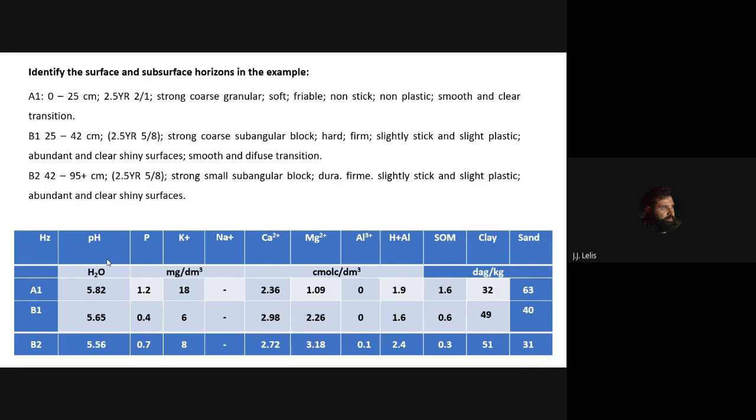And the surface horizon possesses 25 centimeters of thickness. It possesses a red color because it possesses a hue that's 2.5. So a low contribution of yellow and a high contribution of red.